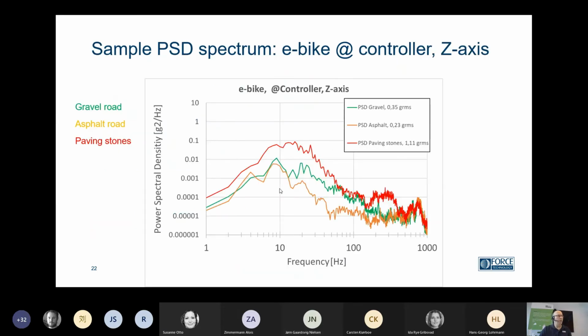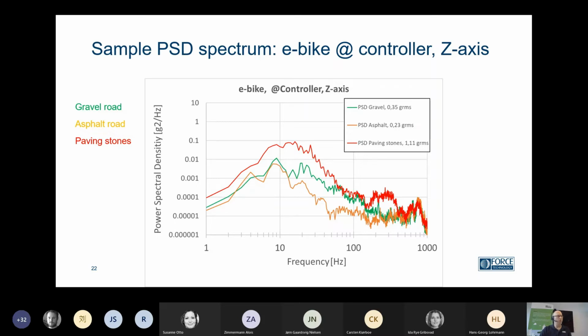And here's an example of how it looks. We have taken here the controller in the Z-axis, up and down, and we have the different roads: gravel, asphalt, and paving stones, and we can see the spectrum here. We can see most energy around 10 hertz. We can see in the small figure up here that, for instance, driving on the paving stones, we had 1.1 GRMS. That's a fairly high level, and you can clearly hear everything rattling on the bike when you drive over this.